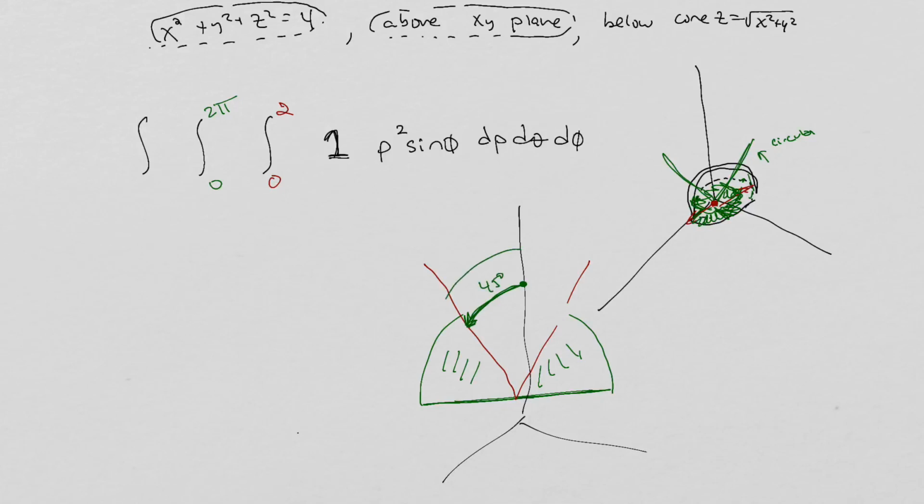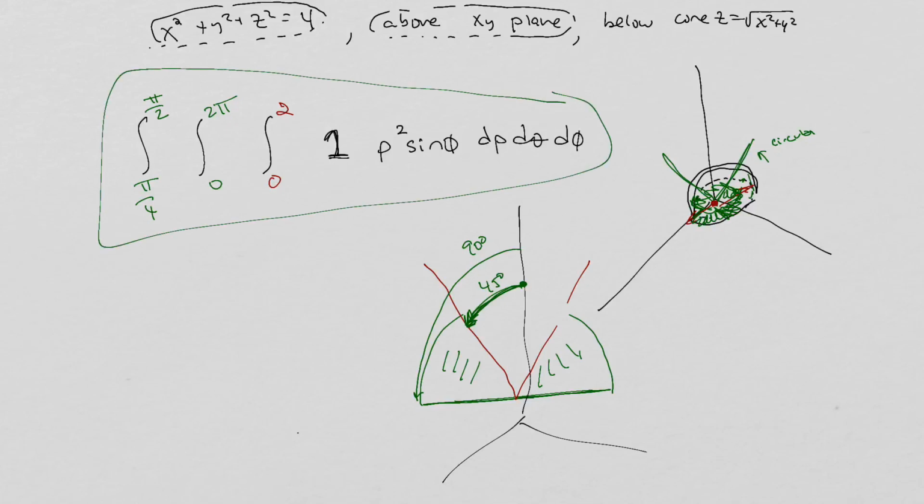And if I go from here all the way down to there, what's my angle for phi? That's 90 degrees. So 45 degrees gives me pi over 4 in radians, and 90 degrees gives me pi over 2 in radians. This is how we could set up this particular volume if we needed to find it.